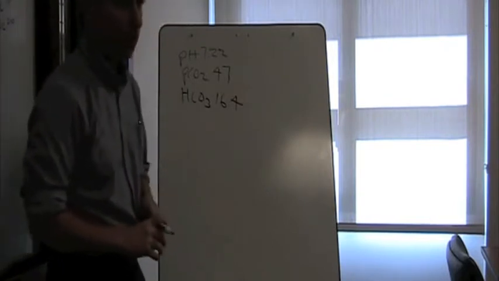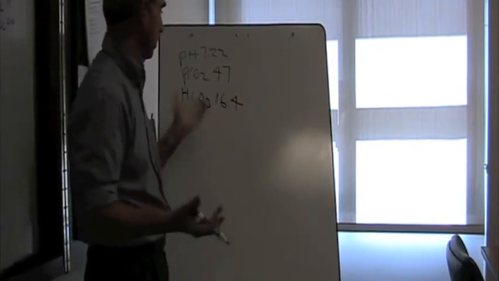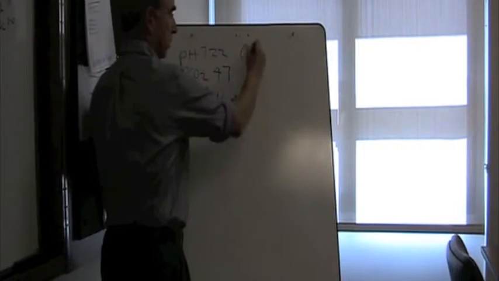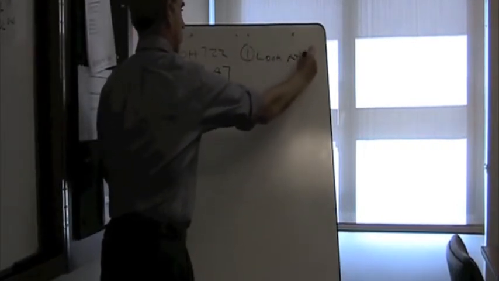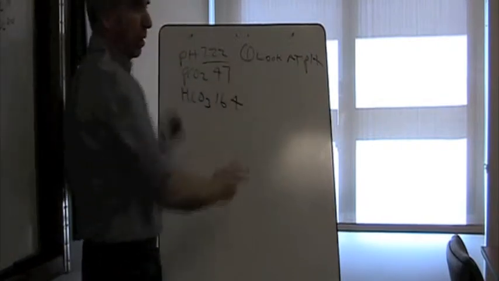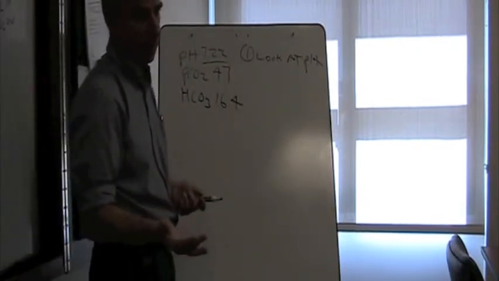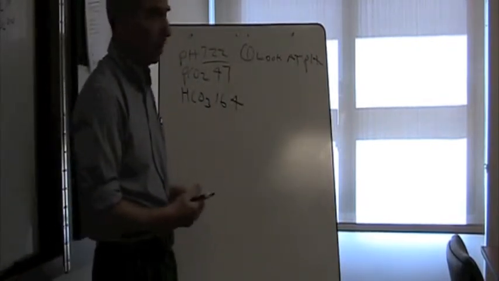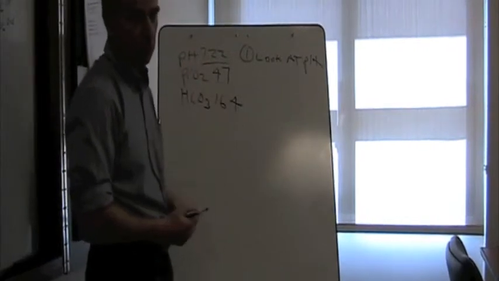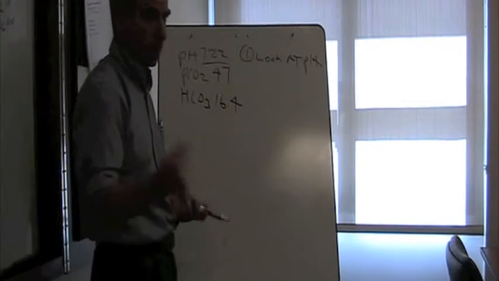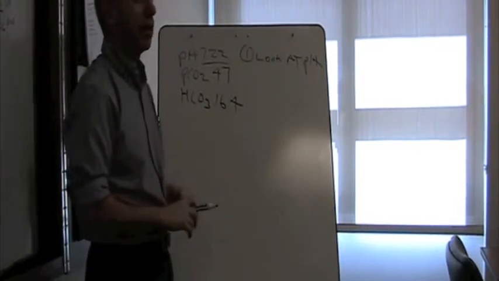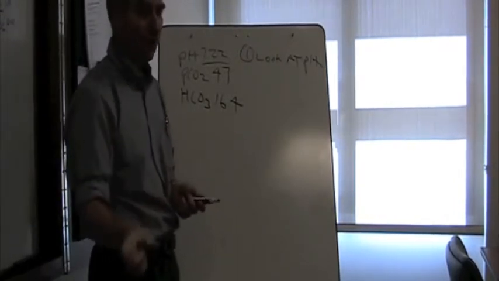Okay, so the first thing you do is look at the pH, right? That helps you determine what at least one of the primary processes is. So you have, what, 7.22 is acidemia. Acidemia and alkalemia, and the process is acidosis or alkalosis.